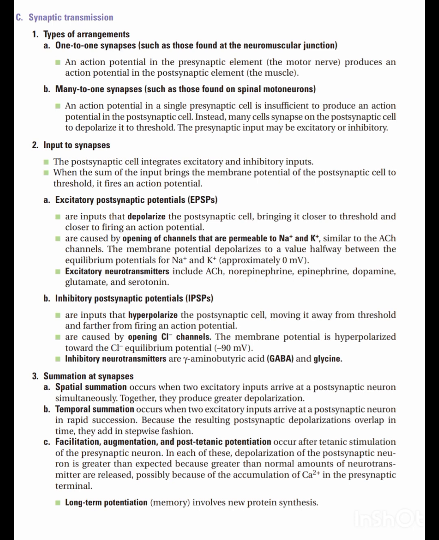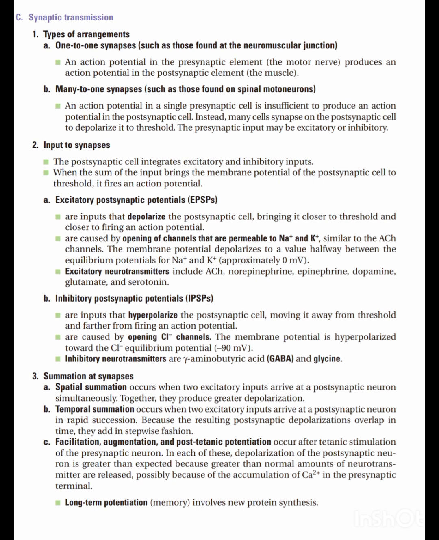action potential. Okay, so the excitatory postsynaptic potentials depolarize the postsynaptic cell. Like in the previous video, we talked about the neuromuscular junction, and the input that is coming from the presynaptic cell depolarizes the postsynaptic cell, bringing it close to threshold and closer to firing the action potential.